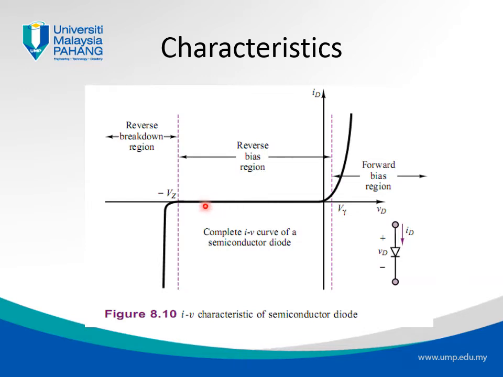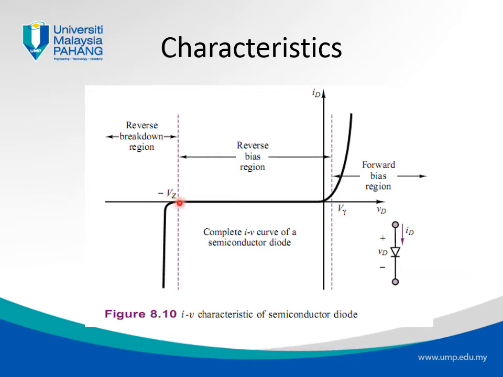It may conduct a very small current, from what we called minority charges just now, but usually it is neglected as it is very small. But as we supply more and more voltage in the reverse bias region, if we go beyond a certain value of voltage, we reach what we call the reverse breakdown region.